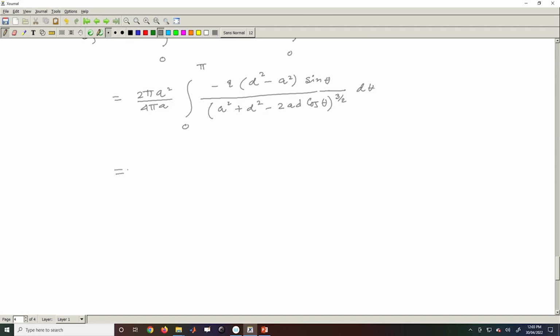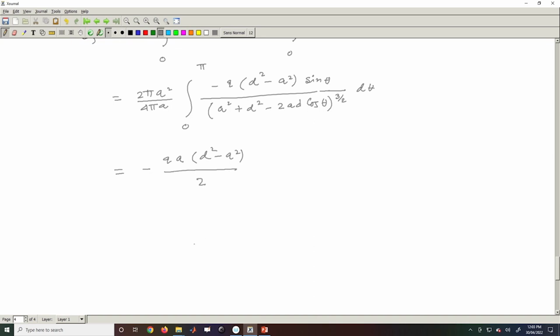So this quantity is simply minus of, so 2 pi over 4 pi will give me 1 by 2, so it should be minus of q, and then 1a will cancel out, d square minus a square will come out, and I should have a 2 in the denominator.